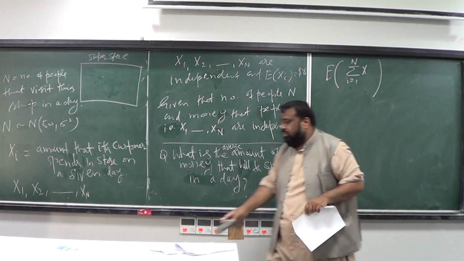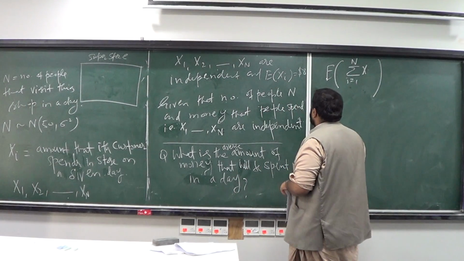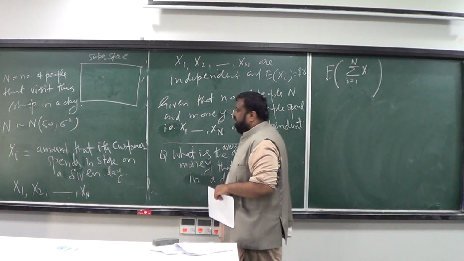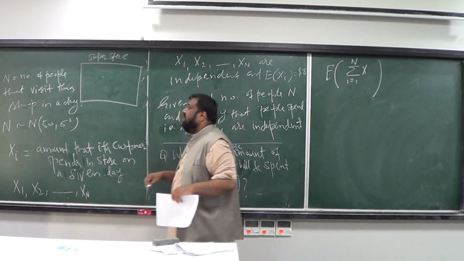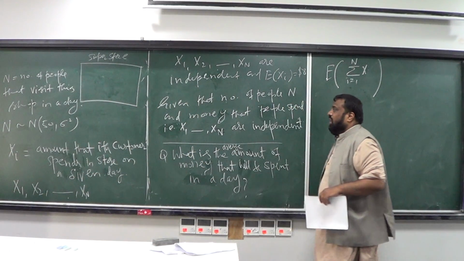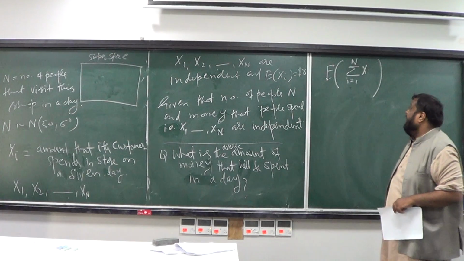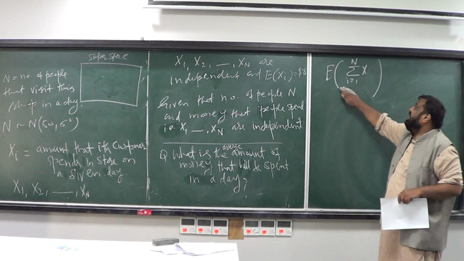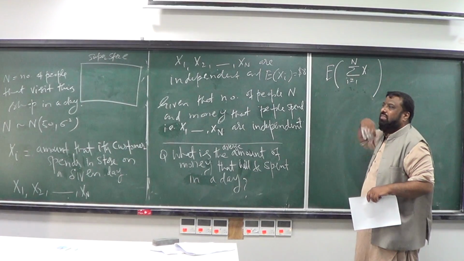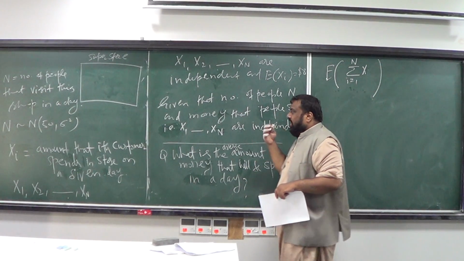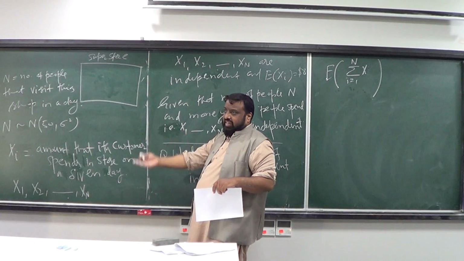If this represents the spendings by each customer in the superstore on a given day, then we are interested in the average net spending that will be done by the customers on a given day.